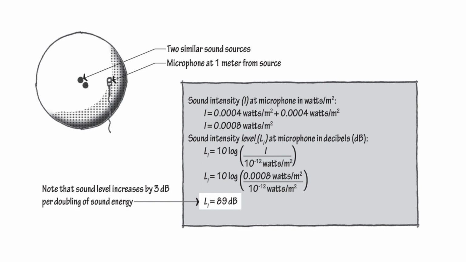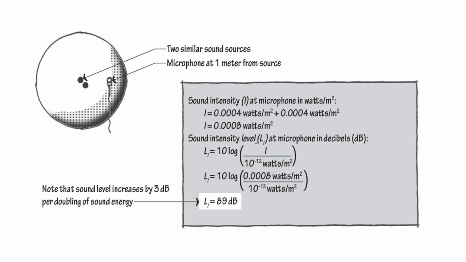Next, another one is, if you have two similar sources, you can try to solve it mathematically. You can see that it is 0.004 plus 0.0004, and if you add both of them, if expressed as sound intensity with unit of watts per meter square, you can just add them linearly.